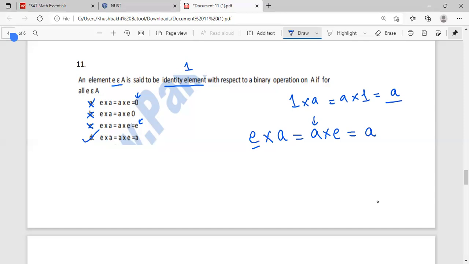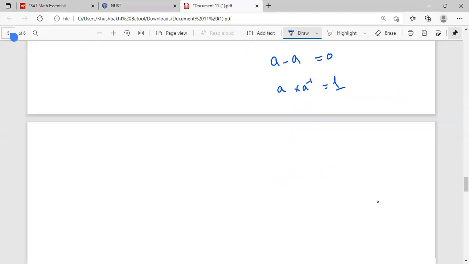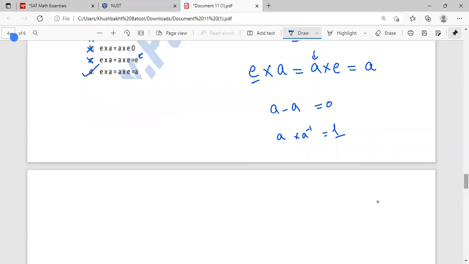So 0 is basically for additives, right? Whenever we're talking about addition, yes, A minus A would be 0, but A into A inverse would be 1, right? So the multiplicative identity is 1 basically.